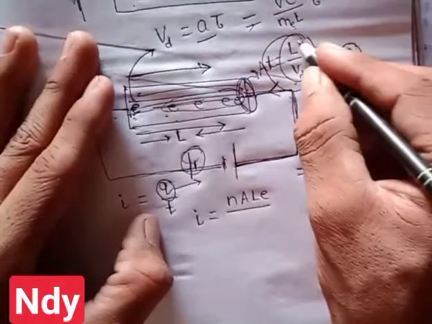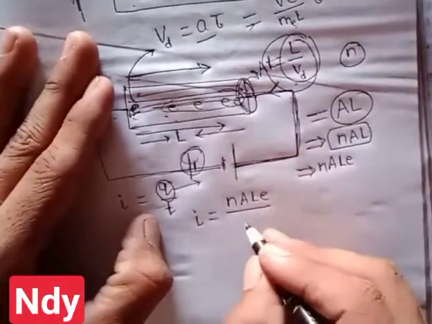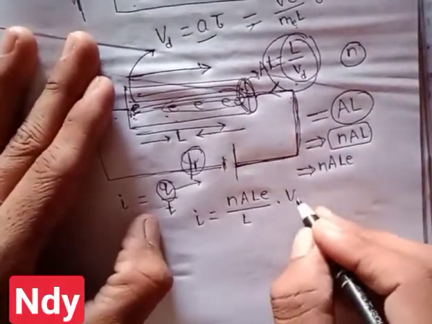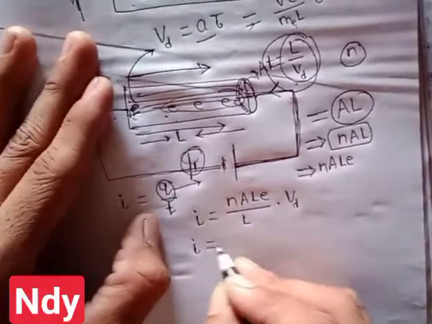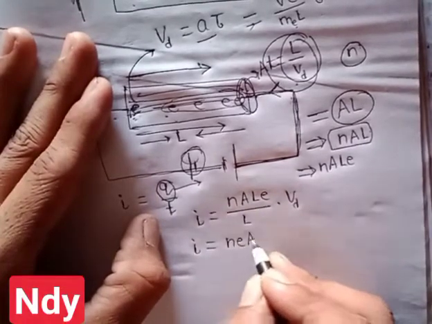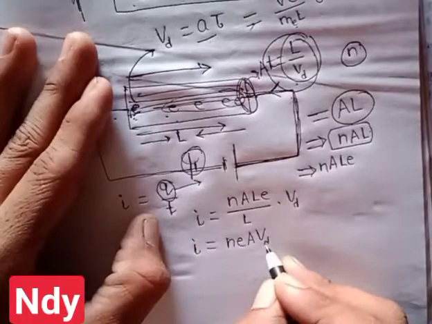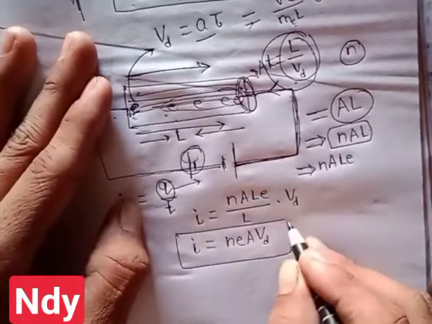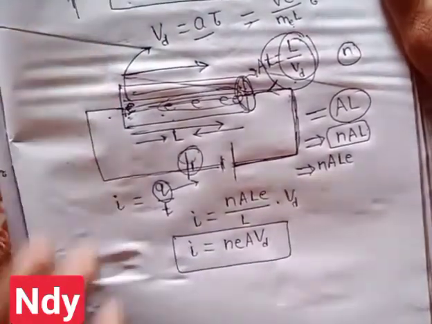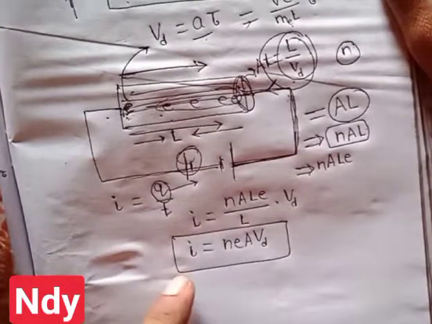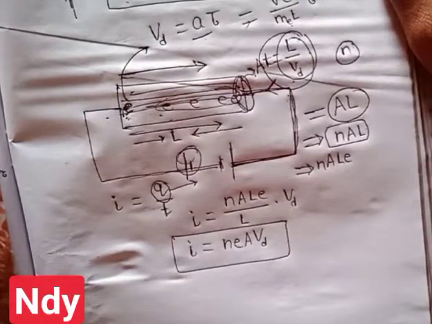T is nothing but L upon Vd. So I is equal to NeAVd. So in the case of a metal, the current flowing through it is I equal to NeA times Vd.